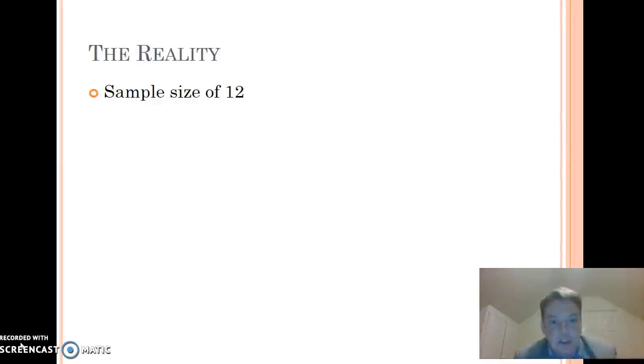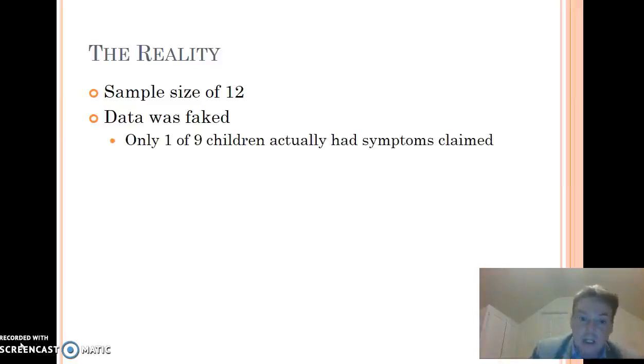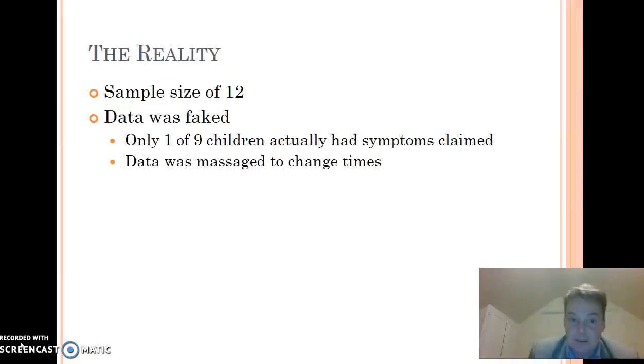But when we look at the research itself, the sample size was 12, which is tiny. The data was faked: symptoms around these 12 people were made up. Of the 9 children where there was supposedly some evidence of symptoms, only one actually had the symptoms claimed in the study.